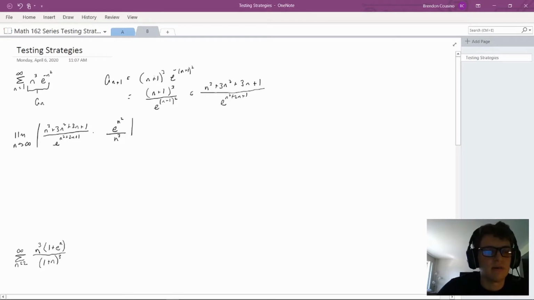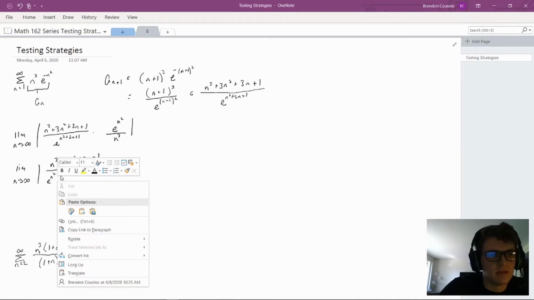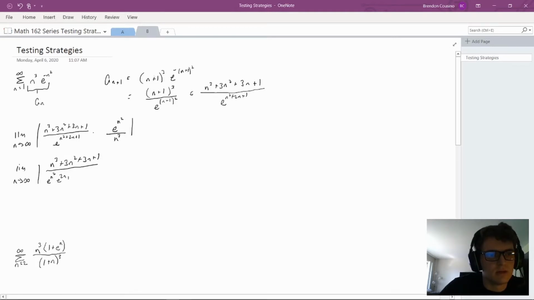Okay. So now that we have that, we can actually break this term up into each individual piece, right? So this is going to be the limit as n approaches infinity of the absolute value of n cubed plus 3n squared plus 3n plus 1 divided by, so now I'm going to break this up into each individual piece, e to the n squared times e to the 2n times e to the first power, multiplied by e to the n squared divided by n cubed.